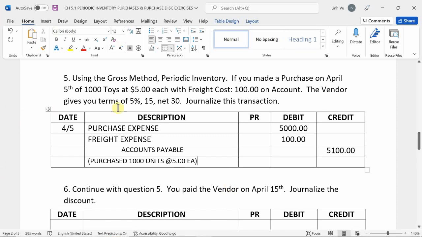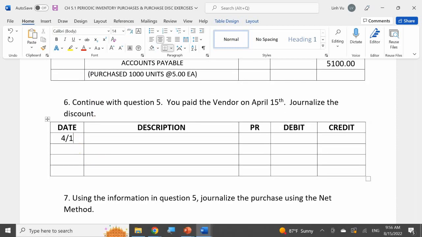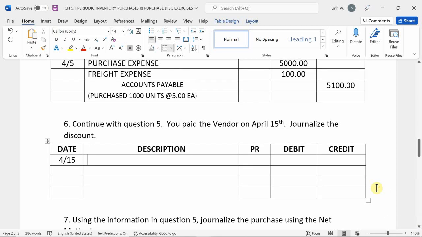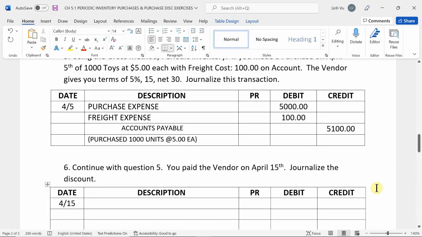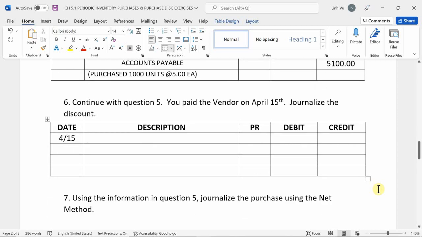So now that means I need to calculate what the 5% discount is going to be. Today's the 15th, and there's a condition that must be met. I have to pay. So the first thing we're going to recognize is what you owe. In this case, how much do you owe?